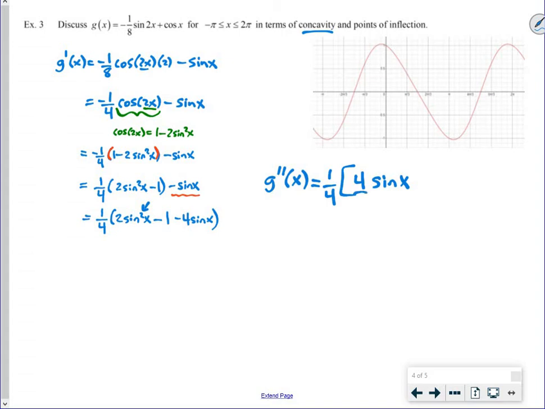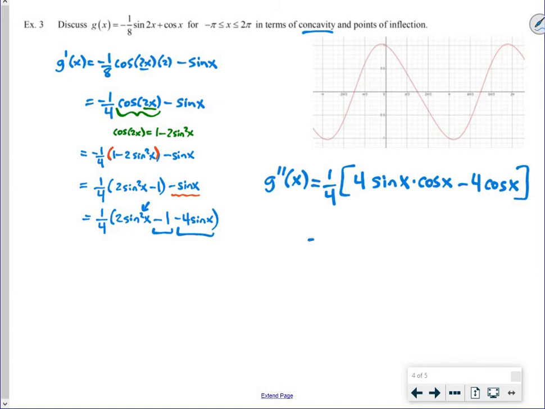So 2 times 2 is 4 times sine x, and then multiply by the derivative of sine x, which is cos x. All right, and then subtract. So the derivative of negative 1 is 0, and then the derivative of negative 4 sine x is negative 4 cos x.